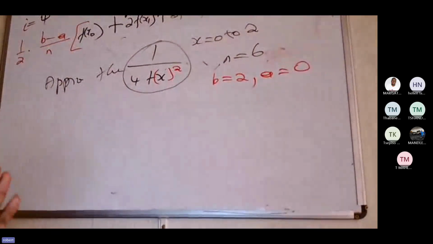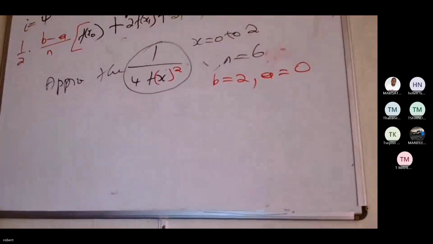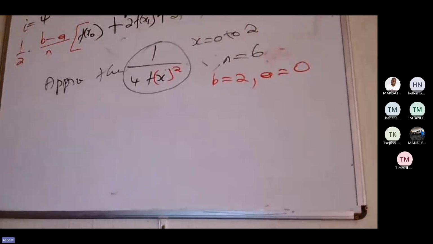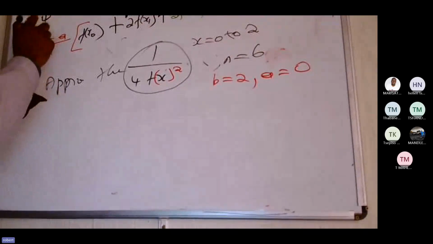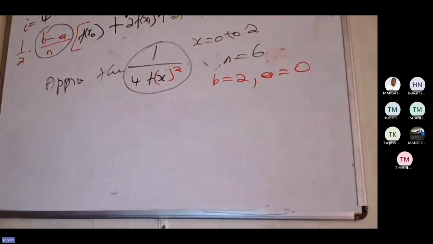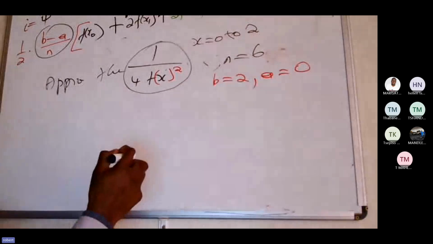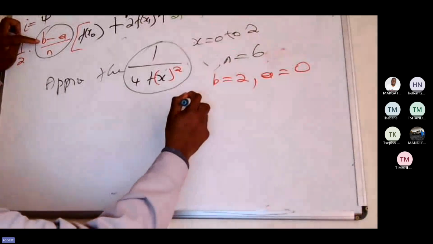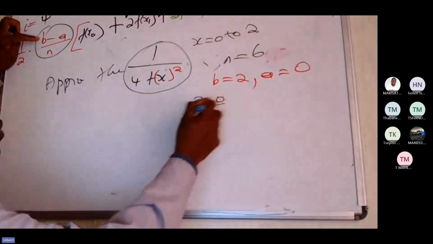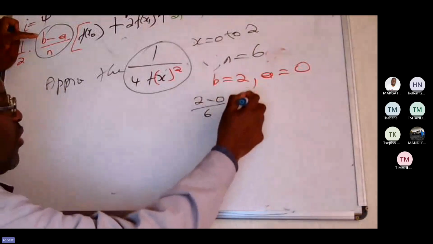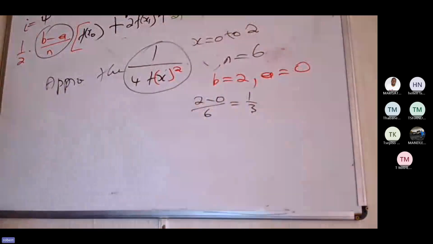Then what will be the length of each? The length of each will be 2 minus 0 over 6, which is equal to 1 over 3.